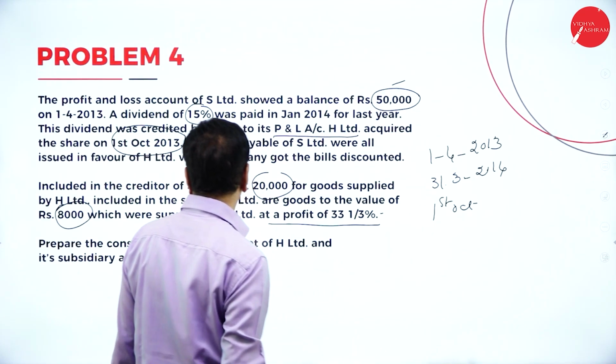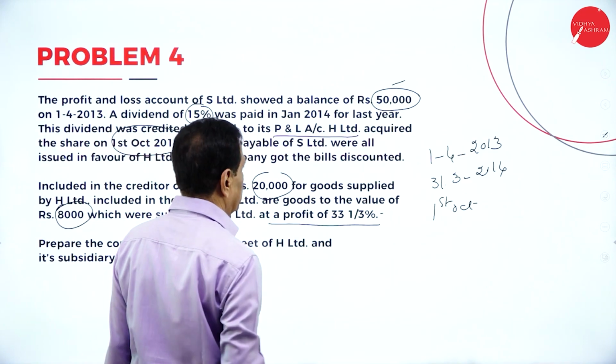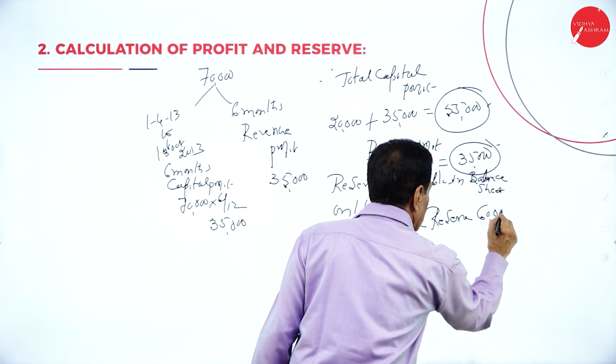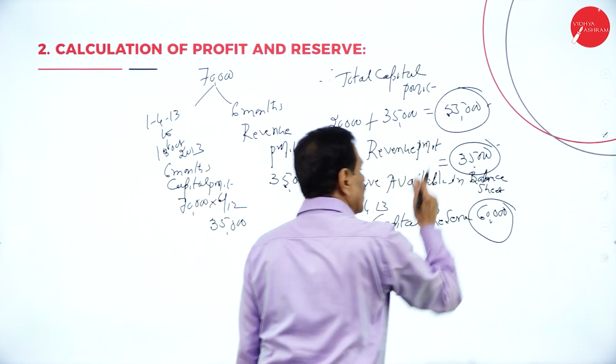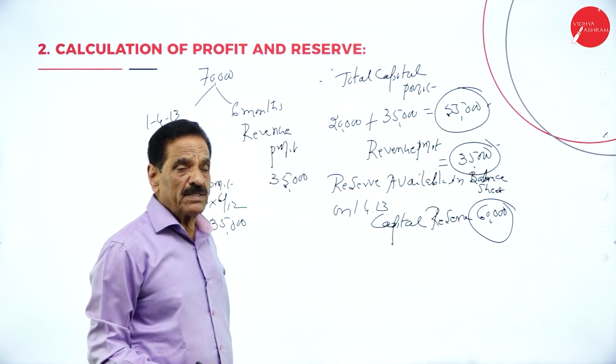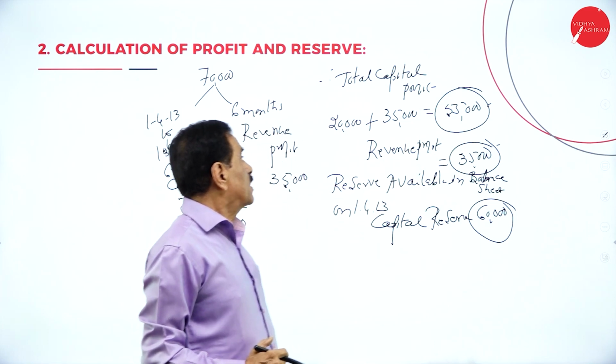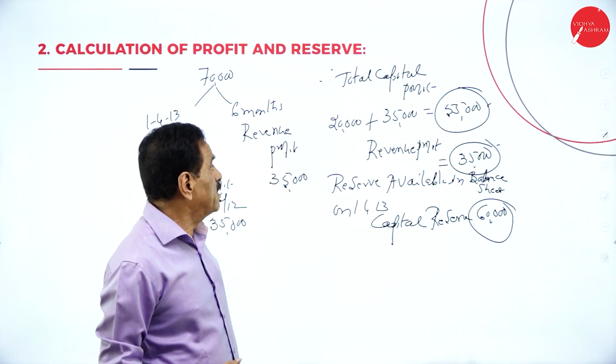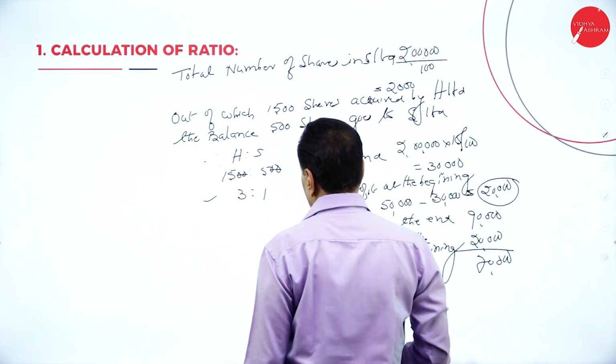What is your capital reserve now? 60,000. No revenue reserve, so the entire amount is called capital reserve. This is capital profit, this is revenue profit, this is capital reserve. This should be shared in the ratio of 3:1.